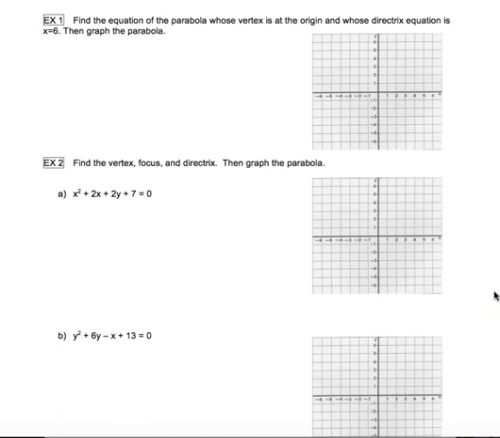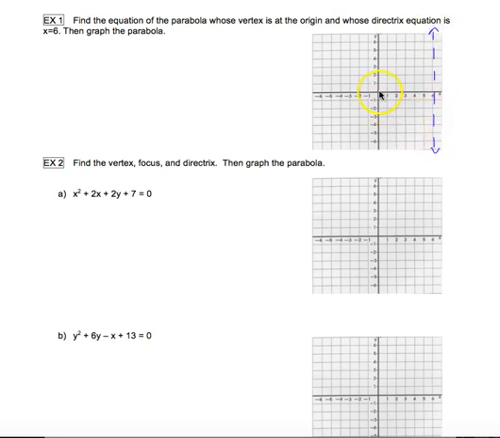So this one says, find the equation of the parabola whose vertex is at the origin and whose directrix equation is x equals 6. Then graph the parabola. So knowing that x equals 6 is the directrix, if I graph that, and really I probably should have on the previous page made my directrix dashed when we draw it.